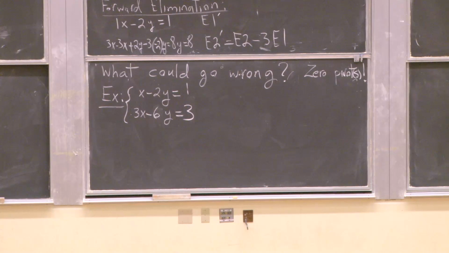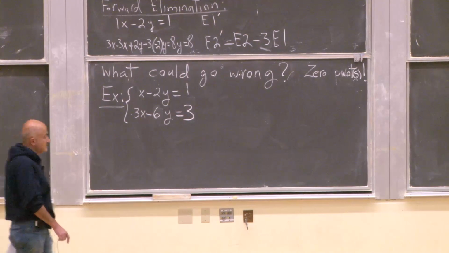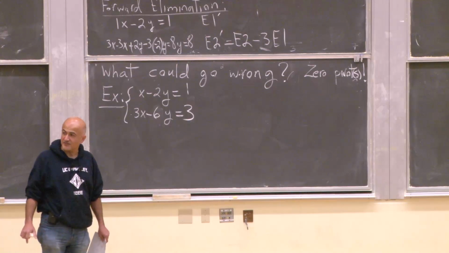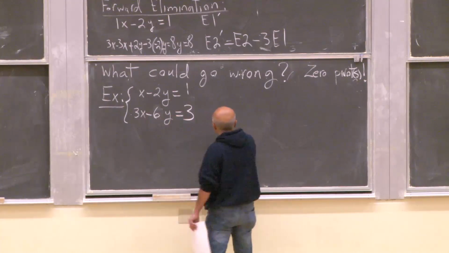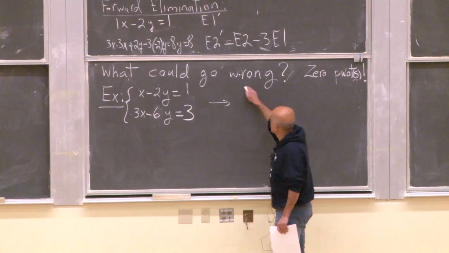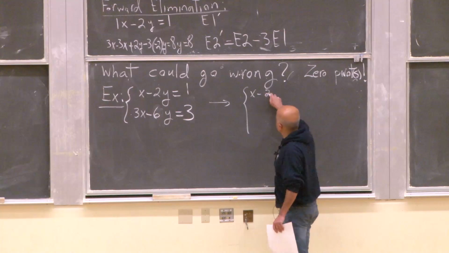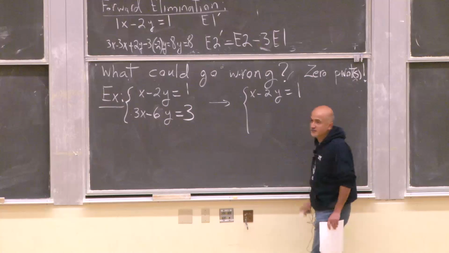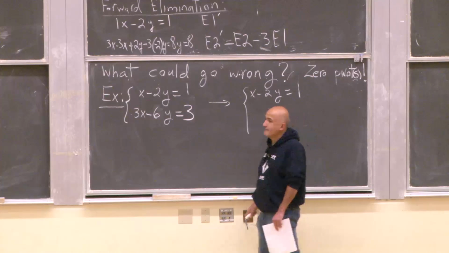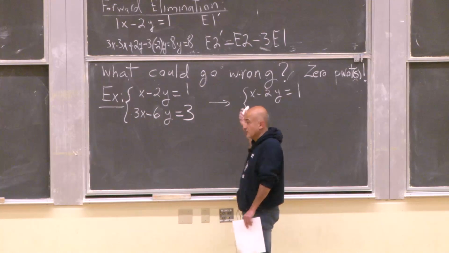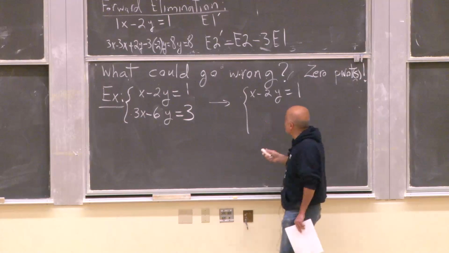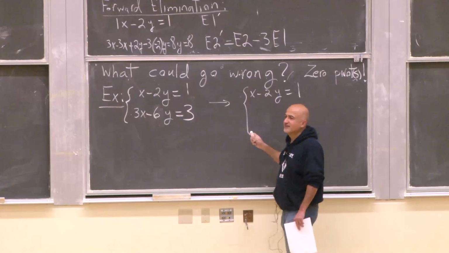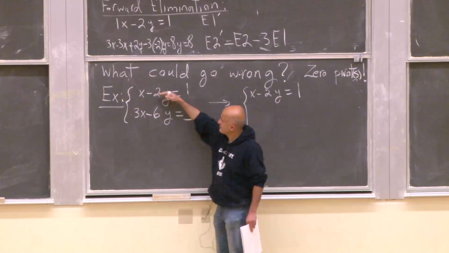Okay, Avery, I'm going to keep you on the hot seat. Is that okay? So talk to me. What do you do? The first equation stays the same. What happens to the second equation? So you multiply the top by -3 again, and you add to the second equation.